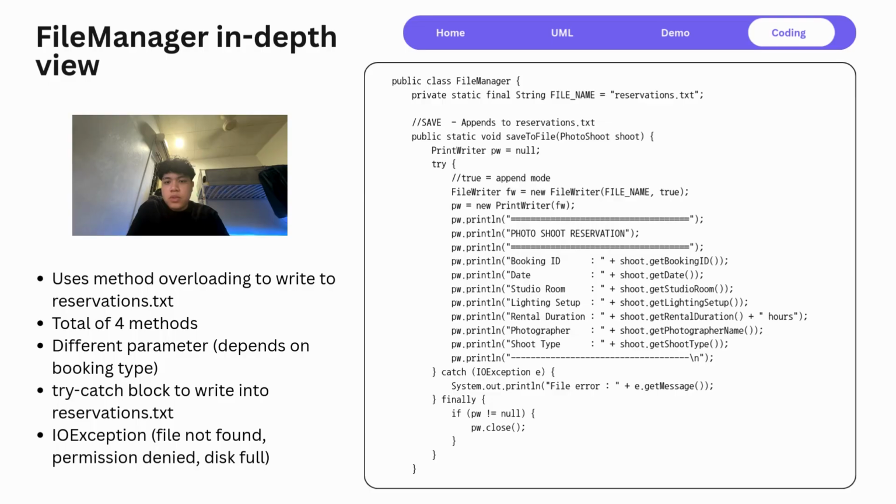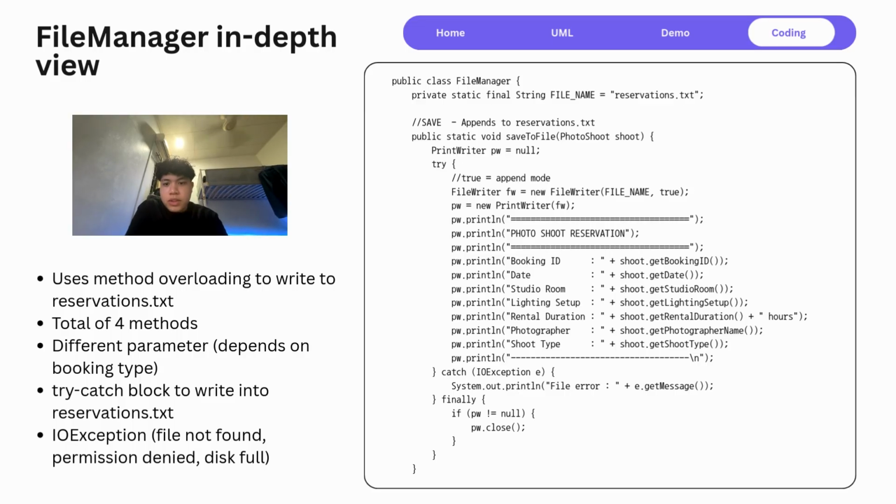So this means we use method overloading to write to reservations.txt. In this file manager class, we have a total of four methods, of which three are the same, which is save to file, but the difference is inside the parameter. So we have save to file with photoshoot, another save to file with video recording, and the last one, save to file with equipment rental, right?